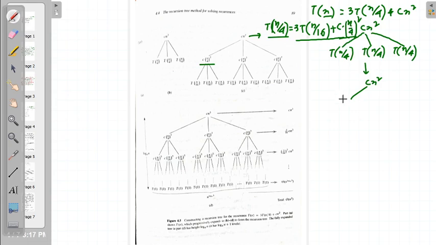So C times (n/4) square, and then C times (n/4) square, then C times (n/4) square, and then we are having this again, these three branches living here. So you see these 3 branches having T(n/16). So this is 3T(n/16).